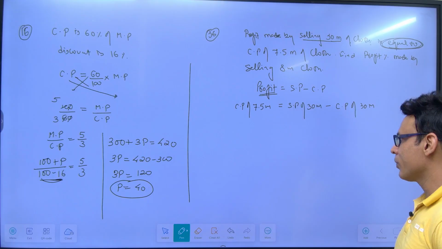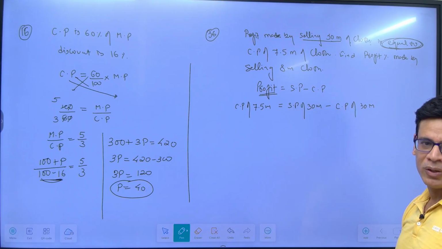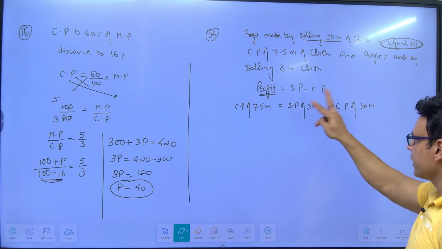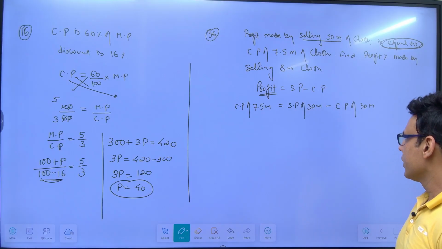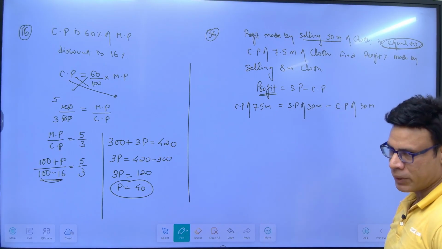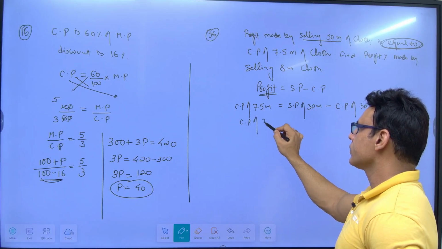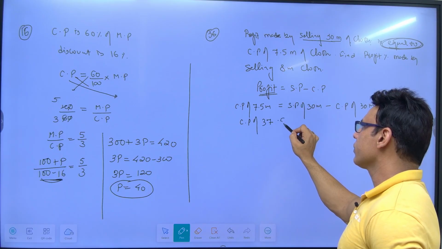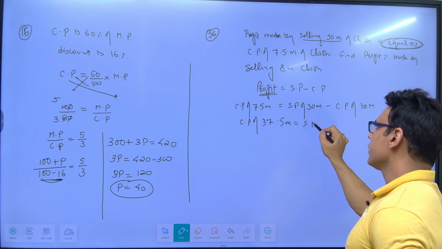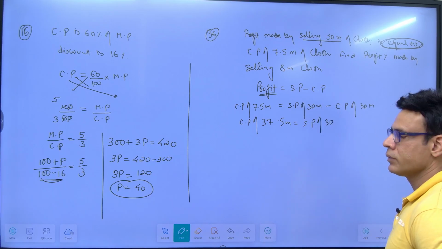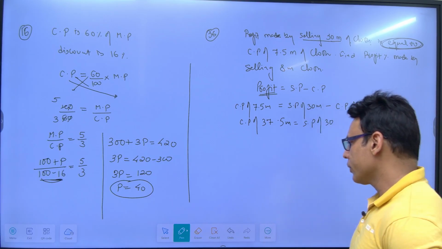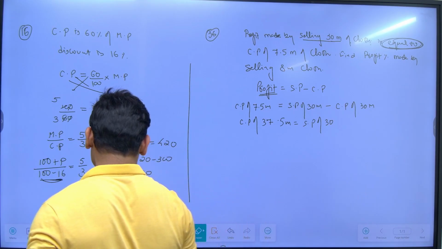Bring all cost price on one side. So cost price of 30 plus cost price of 7.5 will give you cost price of 37.5. 37.5 meter is equal to selling price of 30 meter. Once you reach this step, don't do anything.